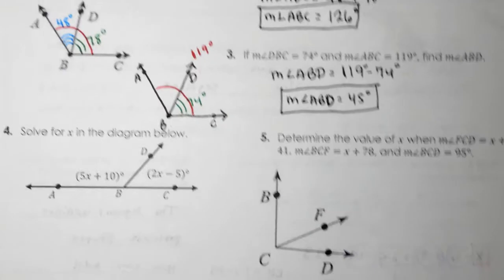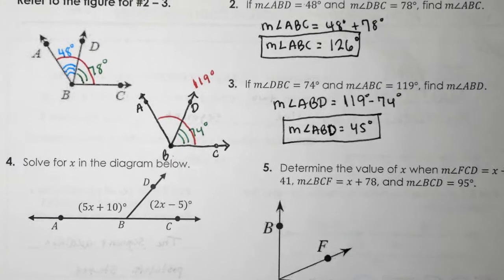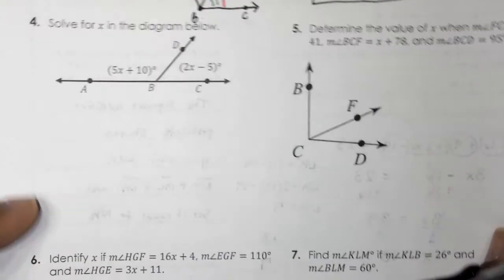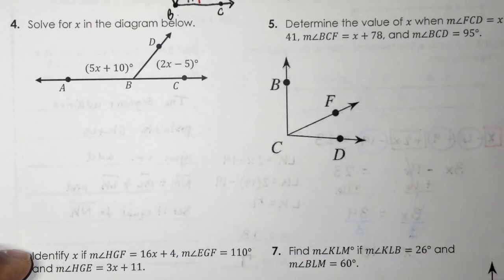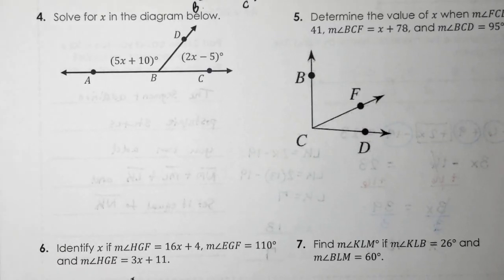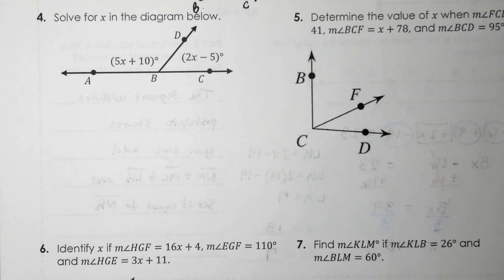Alright. Moving on down. Getting to the stuff you really need. Some of it's gonna look familiar anyway, because like I said, we've already kind of attacked this a little bit. For example, number 4. I don't even want to do number 4. I'm gonna just let y'all solve number 4. Somebody tell me what number 4 is first.